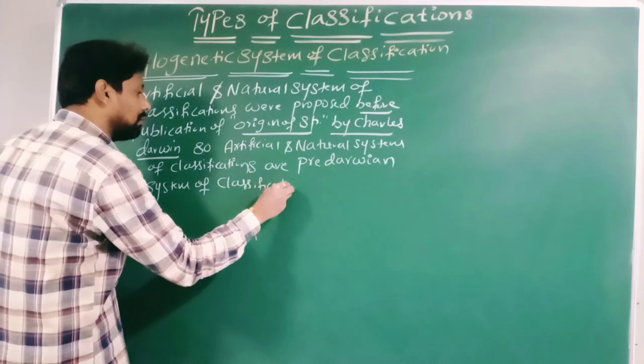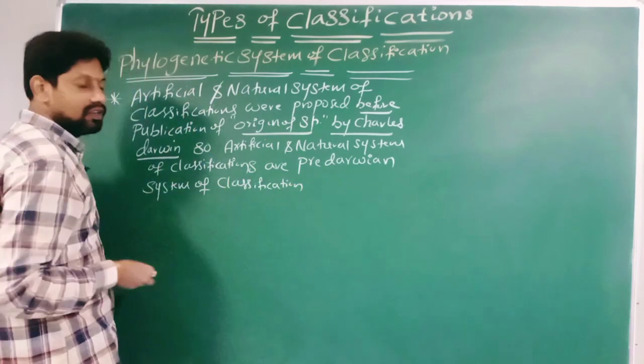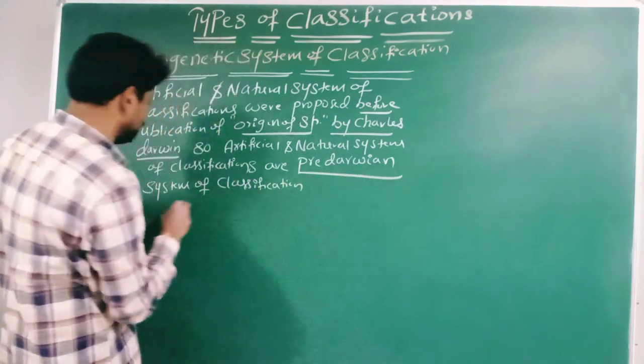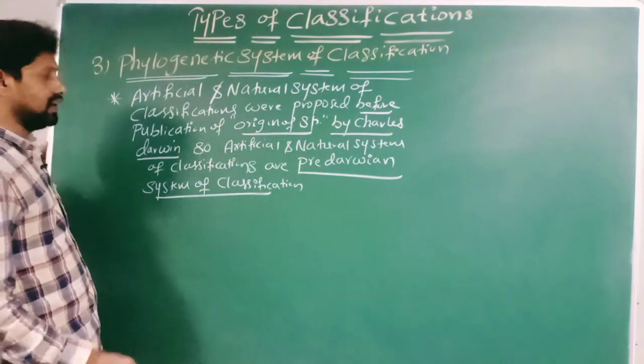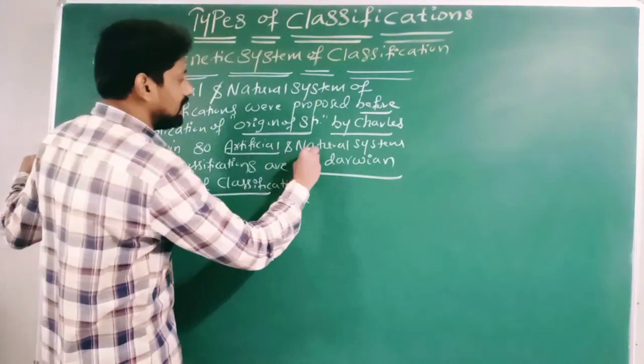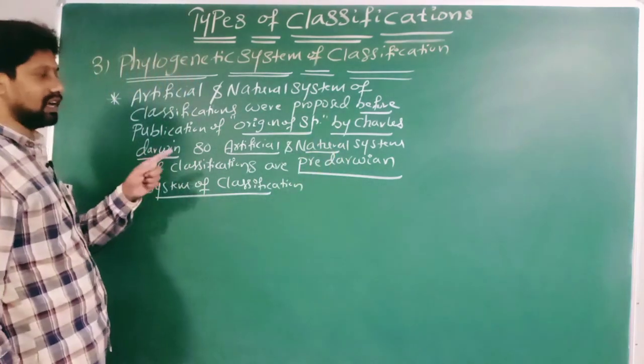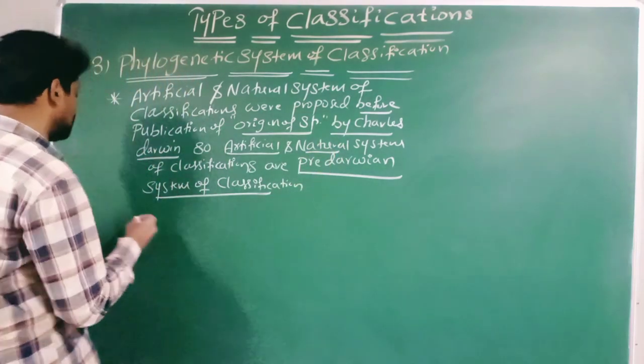They are before publication of Origin of Species, no? So pre-Darwinian, pre means before. Okay, right? Therefore, artificial and natural systems of classification are pre-Darwinian systems of classification.